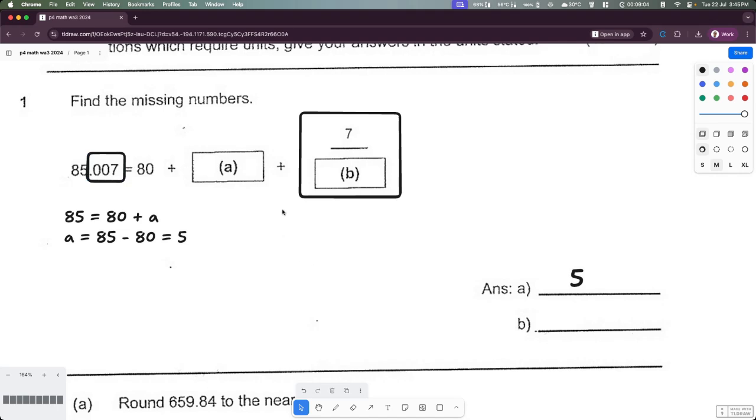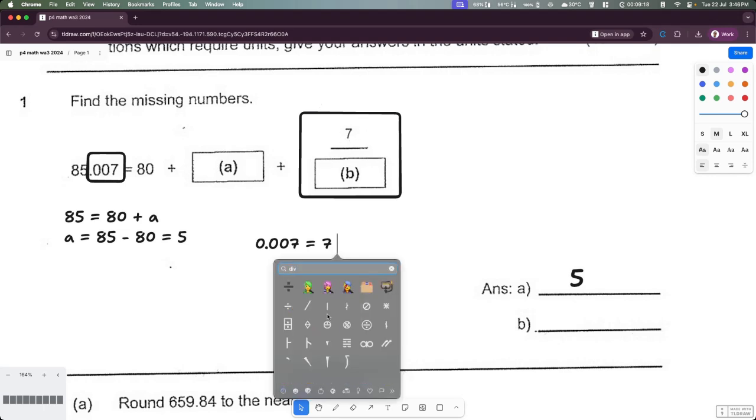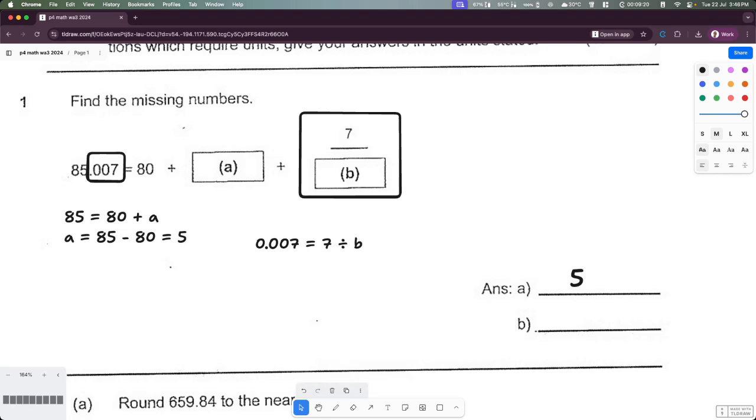So how do we get B? If 0.007 is equal to 7 over B, we just want to know what we are dividing by. If we guess the answer, B is actually 1000.